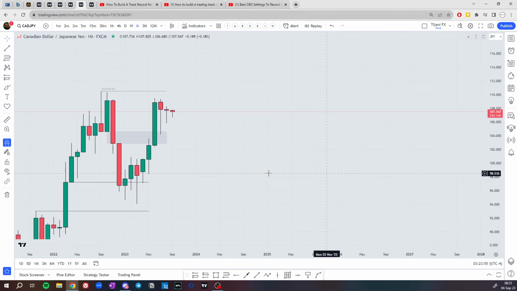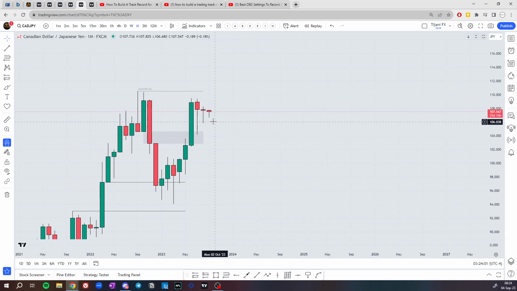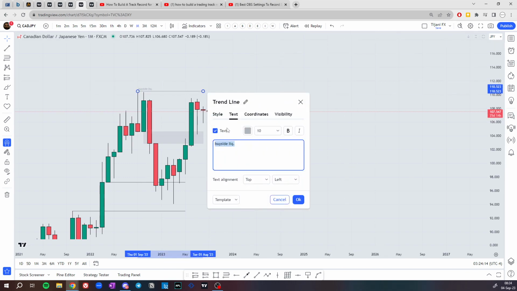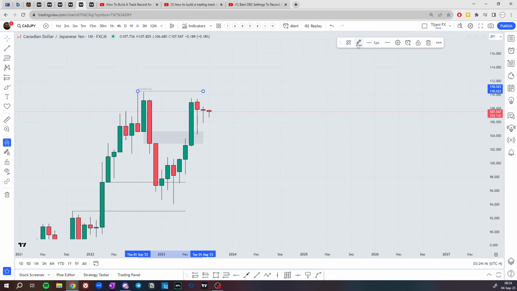We see the previous monthly candle has closed as a contraction candle. It didn't check this low, it didn't check this high, the body is a contraction, so I'm expecting this month to be an expansion, taking the buy side liquidity above this high here.